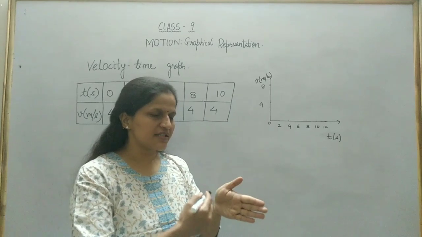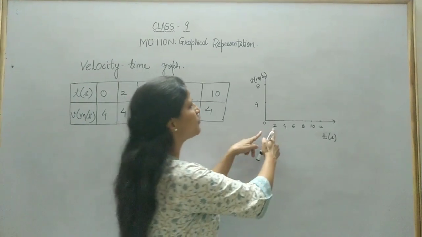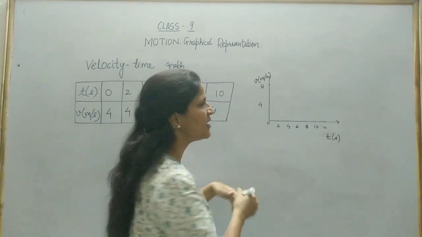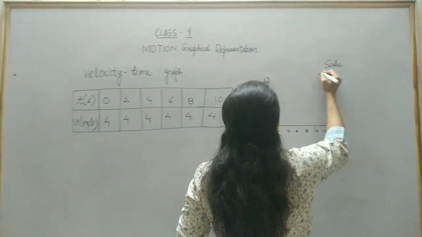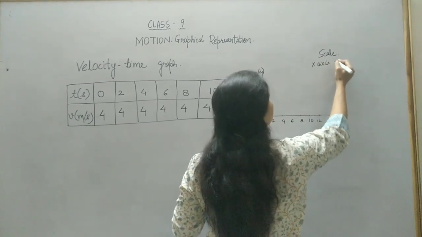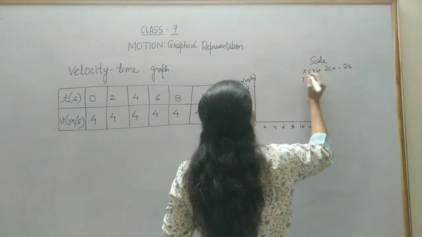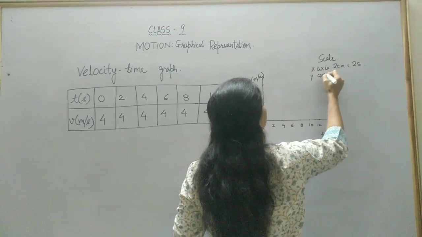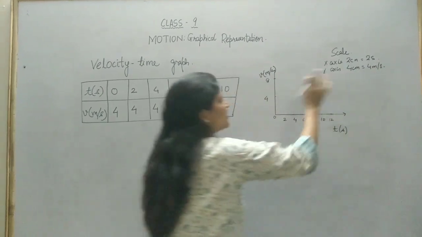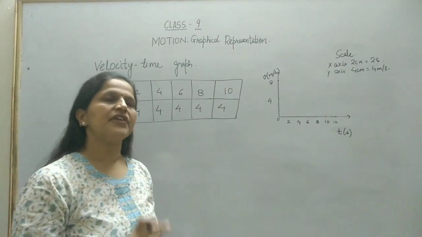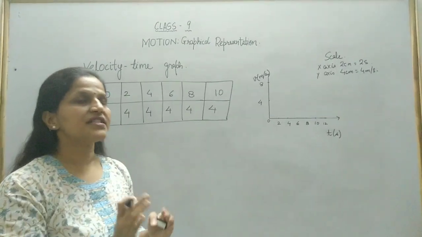Suppose you are drawing this graph in your notebook and you are taking 2 centimeters equal to 2 seconds on the x-axis, and on the y-axis 4 centimeters equal to 4 meters per second. So this scale should be mentioned on each graph, otherwise the graph becomes incomplete and the information given is irrelevant.